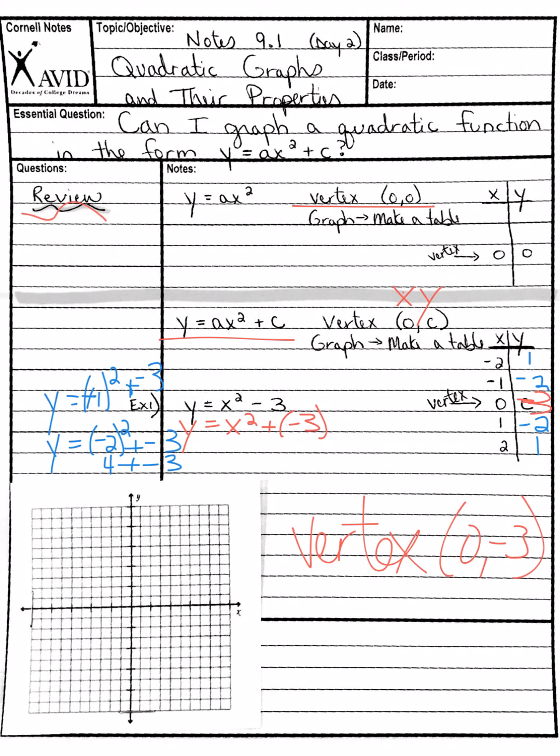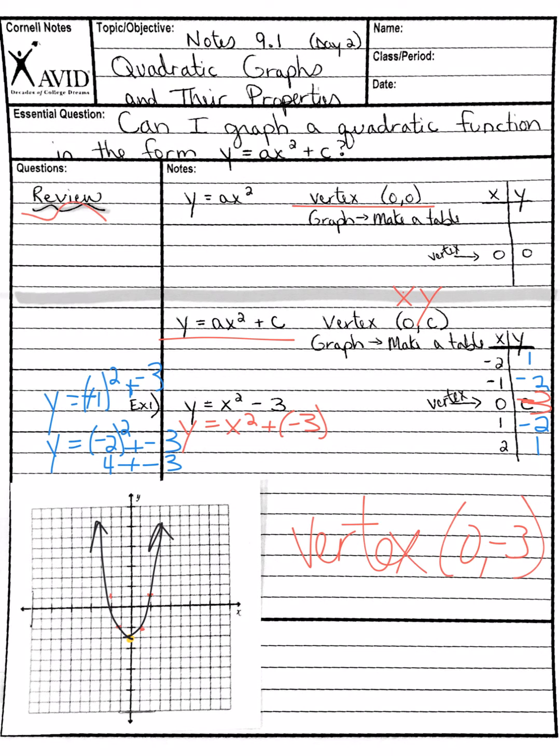So as we plot these points on our graph, I'm going to go over 0 and down negative 3. 1, 2, 3. That would be our vertex. And now we're going to go over to negative 1, down 2, over positive 1, down 2, over negative 2, up 1, over positive 2, up 1, and we can see our U here, our parabola.